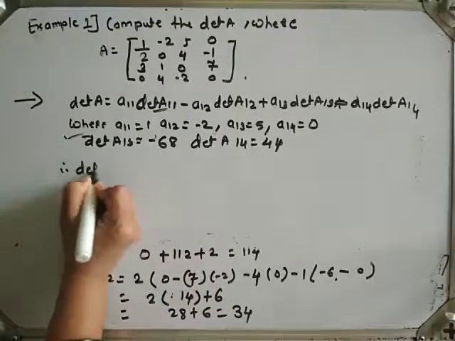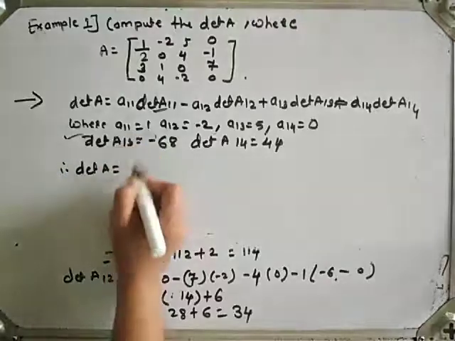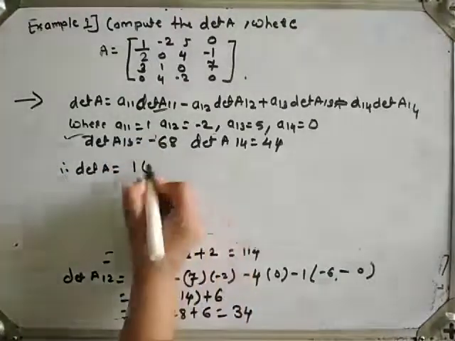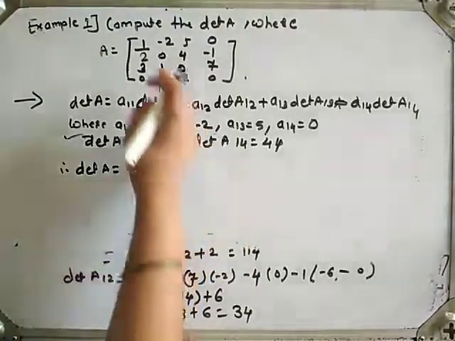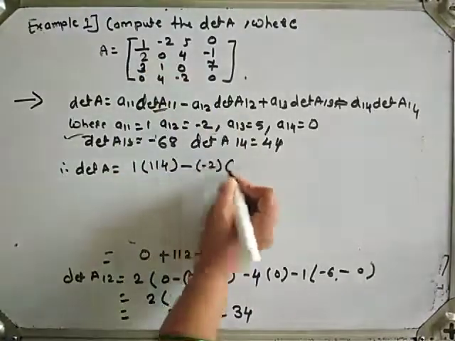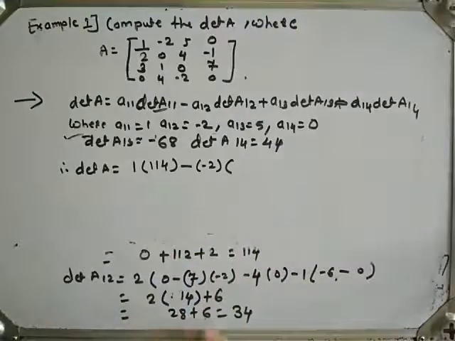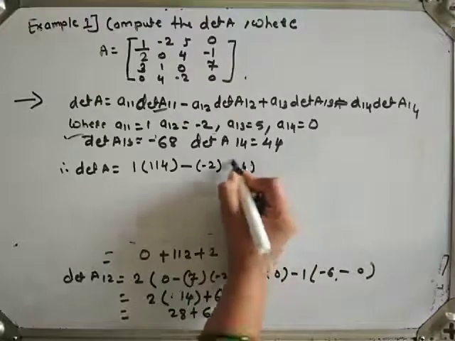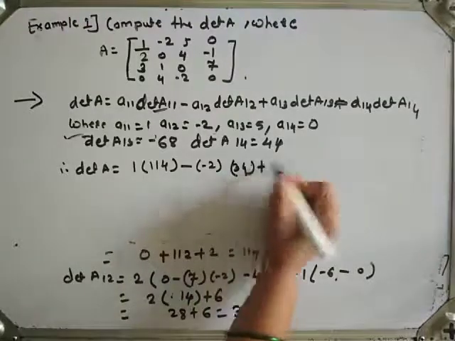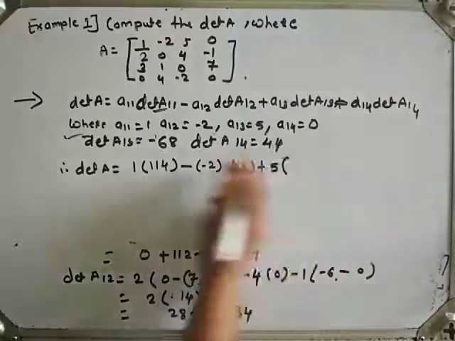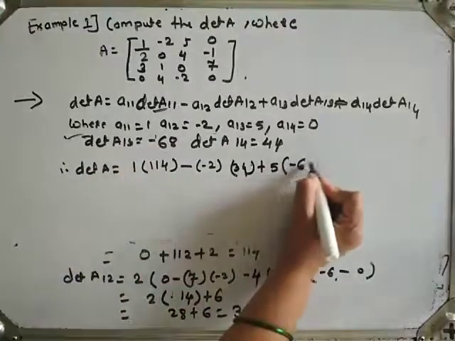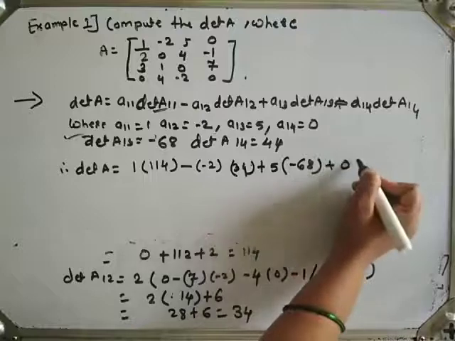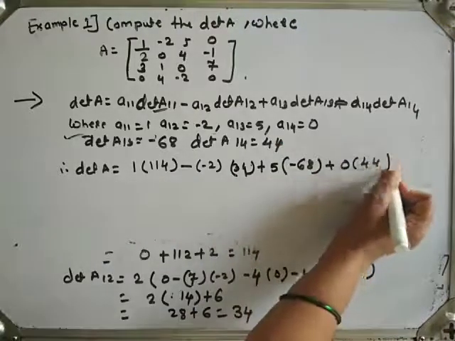Therefore, determinant of A is equal to a11, which is 1, into determinant of A11, which is 140, minus a12, which is -2, into determinant of A12, which is 34, plus 5 into determinant of A13, which is -58, plus 0 into 44.